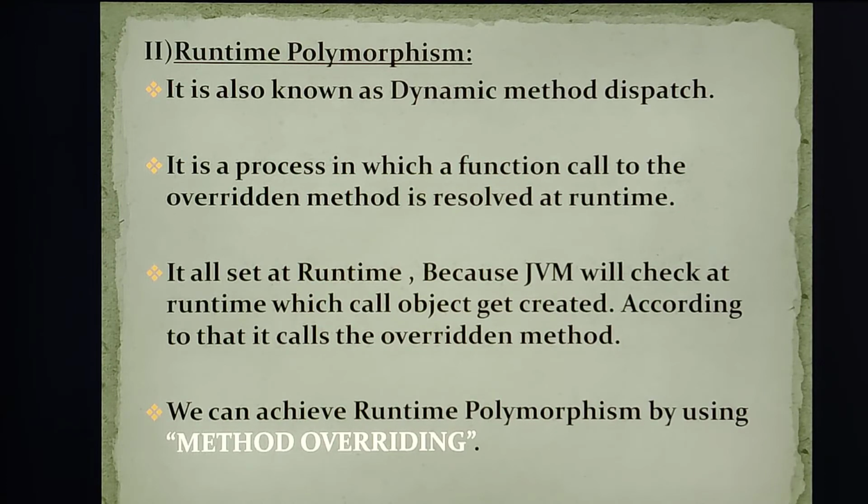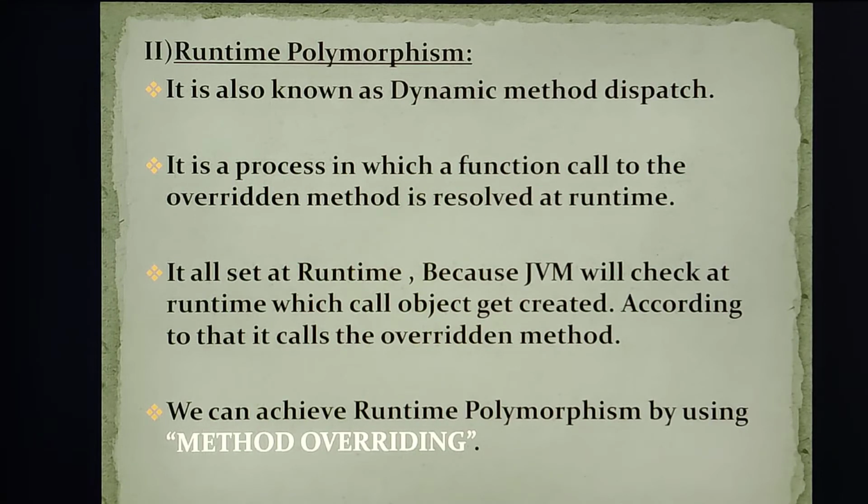That M1 method which comes to the child class by inheritance or overriding is called the overridden method. So the M1 method in the child class is called the overridden method and the process is called overriding. Okay, got the point? The process is called overriding and the method is called the overridden method.